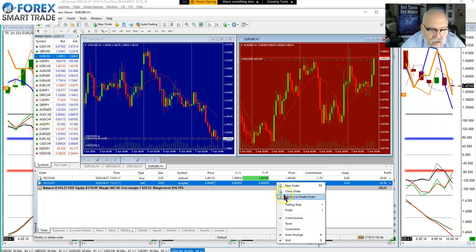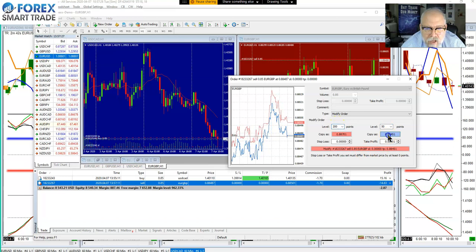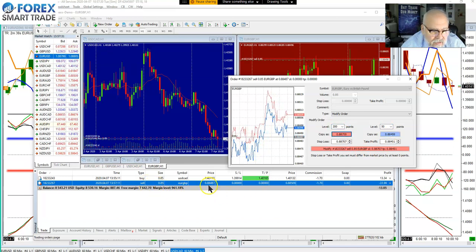Right click, go to modify. It remembers what I did last time, the 50 and 200. So I'm going to click copy. When I want to check my math, I got in at 88.48. So I want to go to 88.43.